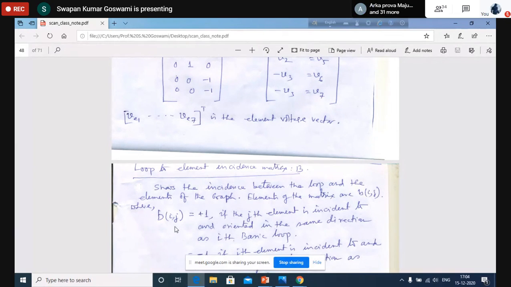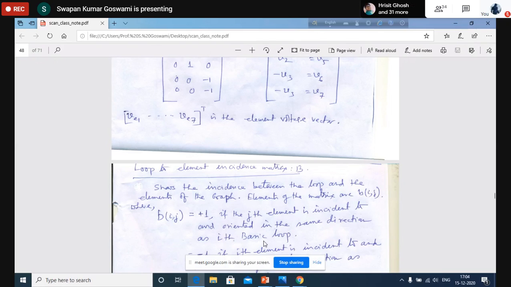That means if the jth element is there in loop i, then obviously Bij will have a non-zero entry. And the entry will be +1 if the direction of the jth element and the direction of the loop are found to be the same. That's why we have written +1 if the jth element is incident to and oriented in the same direction as the ith basic loop.